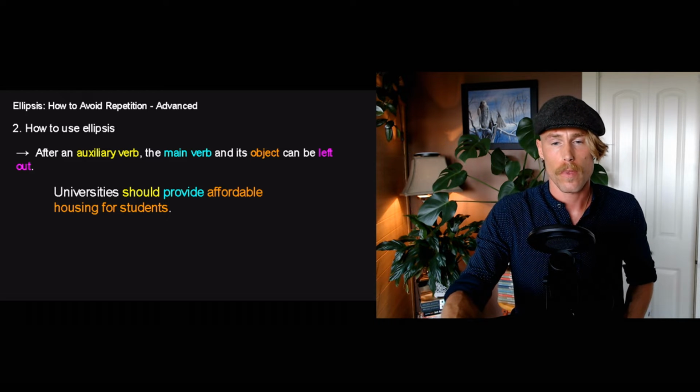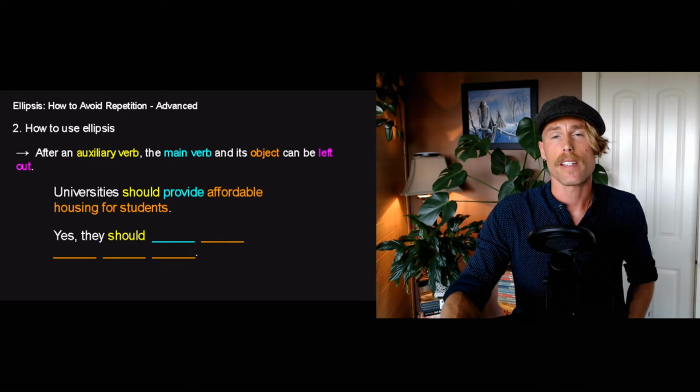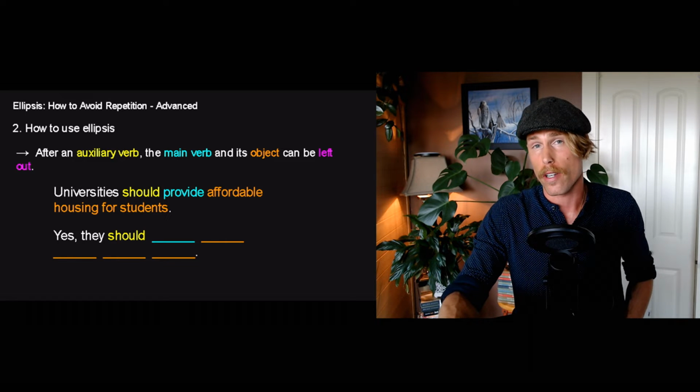So let's imagine that you want to agree with this statement. How would you agree by using ellipsis? We can say, yes, they should, or you can say, yes, universities should, or you can say, universities should.